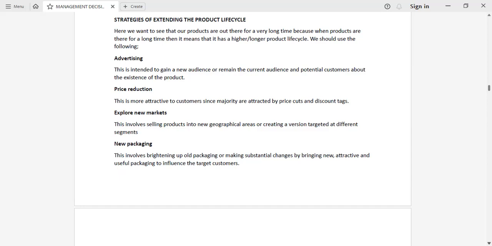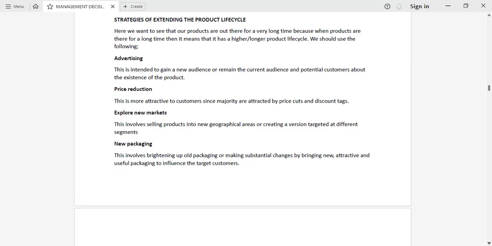So packaging can also work by changing the shape, just like Coca-Cola changed the bottle to a plastic one, which is different from the old one. Or you change other packaging features that can help you attract more customers.